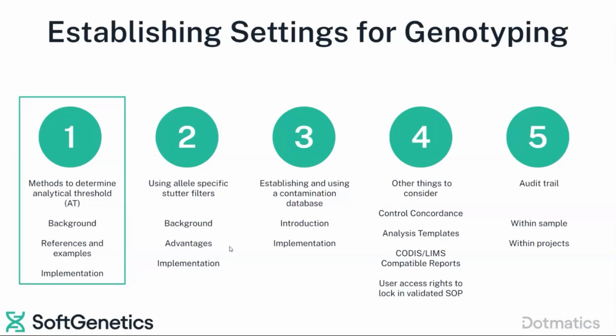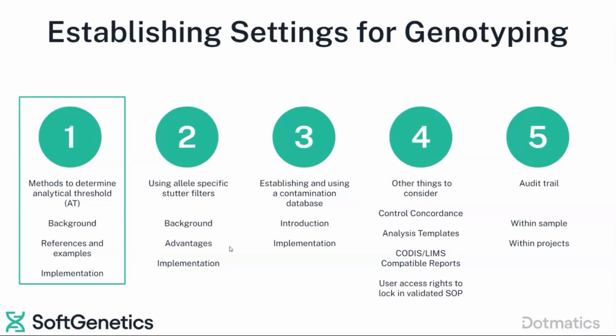After looking at allele-specific stutter filters, we'll look at establishing and using a contamination database, and then other things to consider, looking at control concordances, analysis templates, the different types of reports that are required, and also locking in a validated SOP to avoid any accidental deviation from the process.